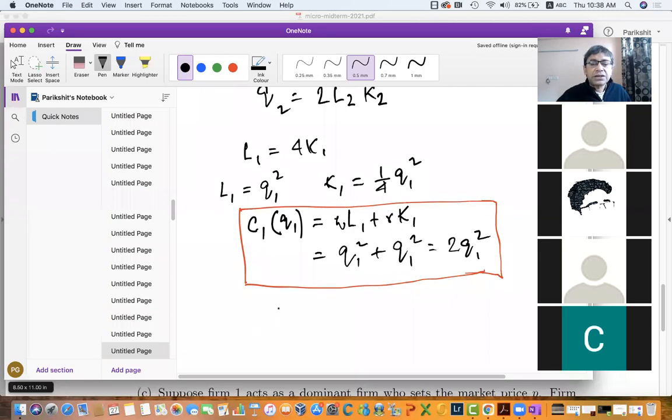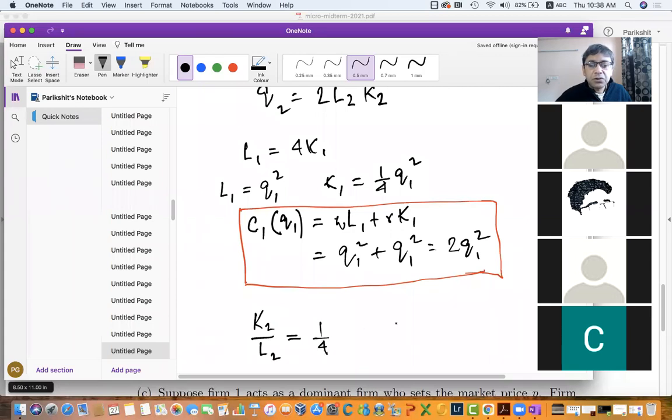So MRTS here will be K2 by L2. You should do it more fully; I'm just quickly trying to get to the answer. It is equal to W by R, which is 1/4.